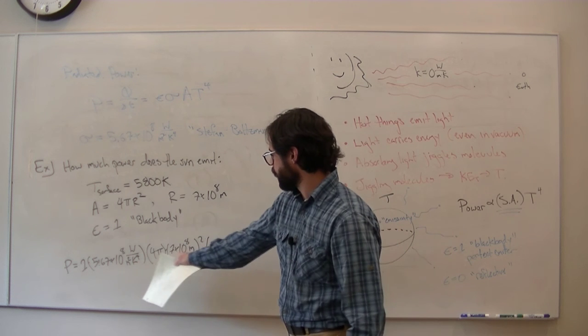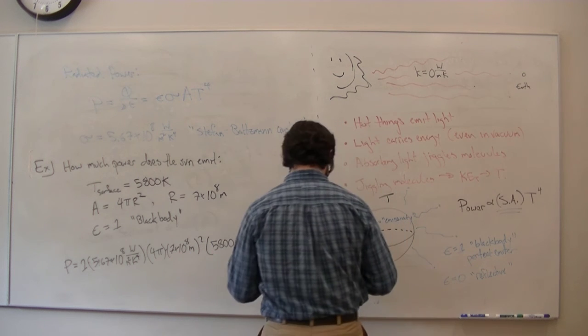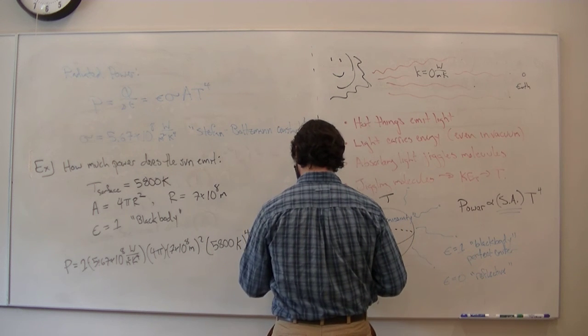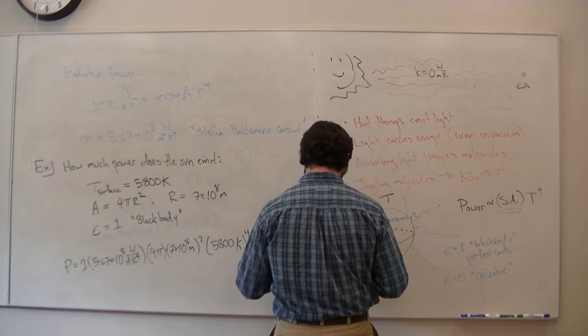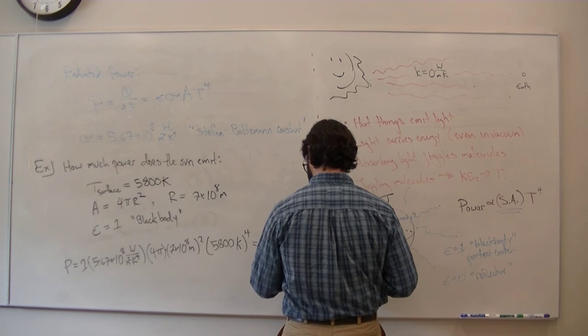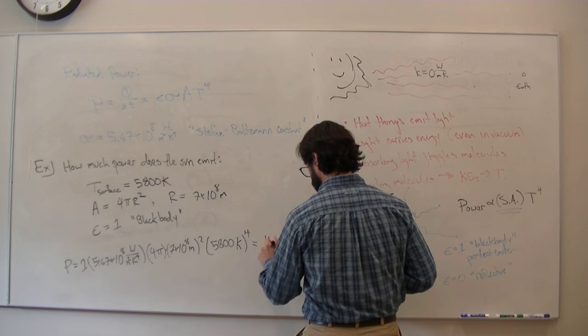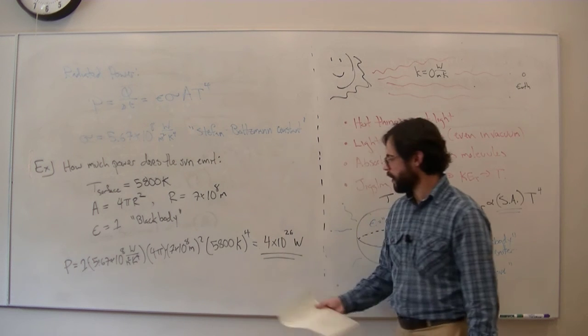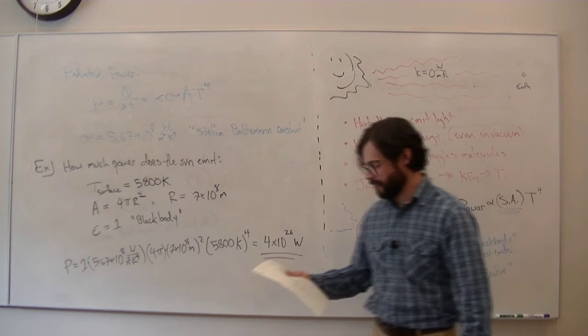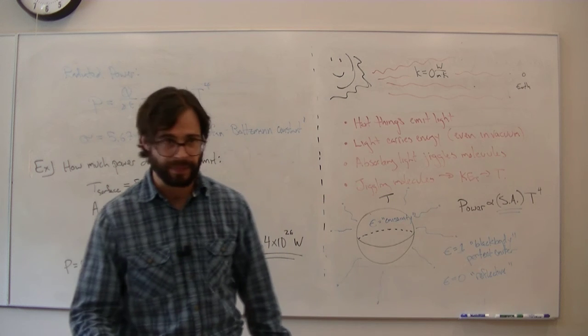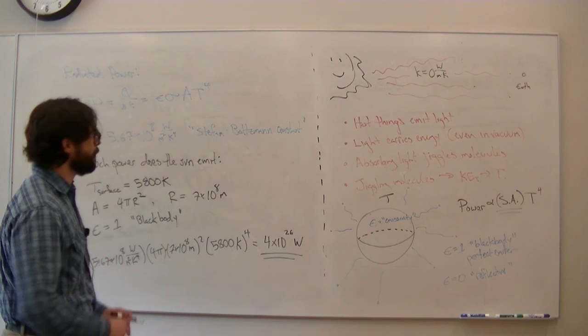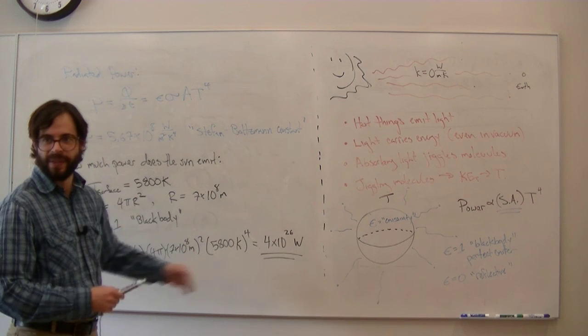And you can already tell this is going to be a pretty wild number. Only 1 sig fig is enough: 4 times 10 to the 26th watts. It shouldn't be that much of a surprise that the number is astronomical. People would call this 1 solar luminosity.